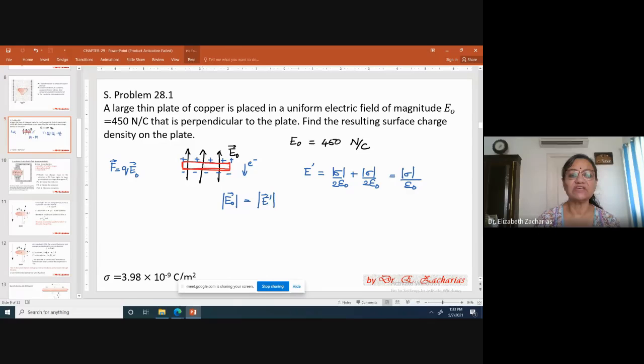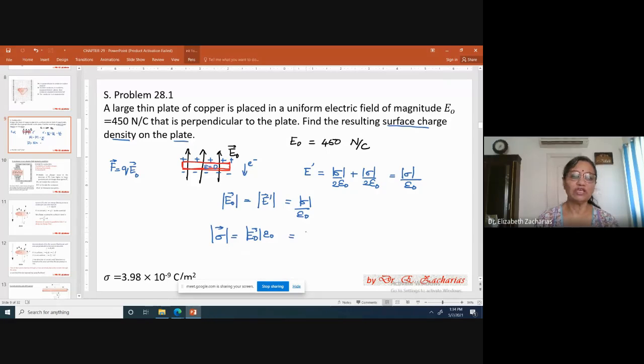Only then the sum inside will become equal to 0. Therefore, you can simply say that E naught is equal to sigma by epsilon naught. What are you supposed to find out? The surface charge density on the plates. So from here, sigma will be equal to E naught into epsilon naught.